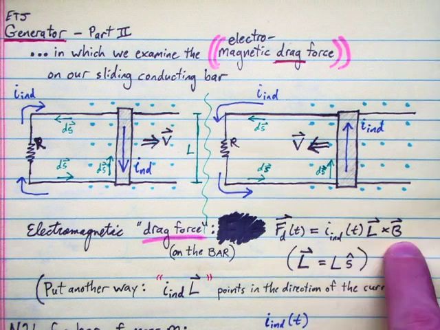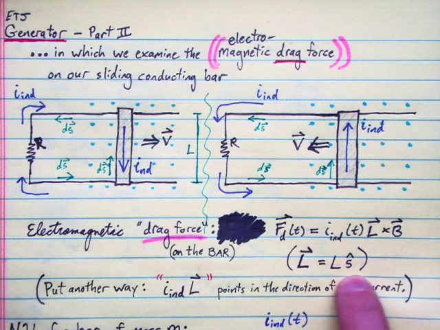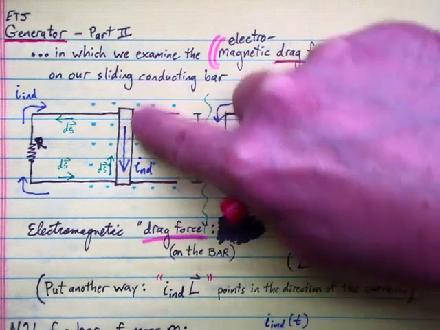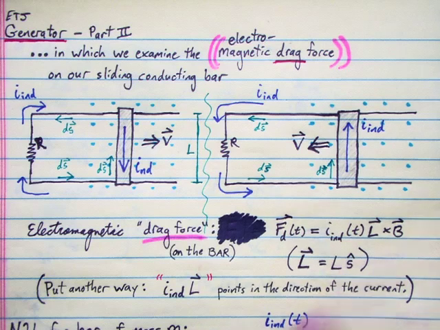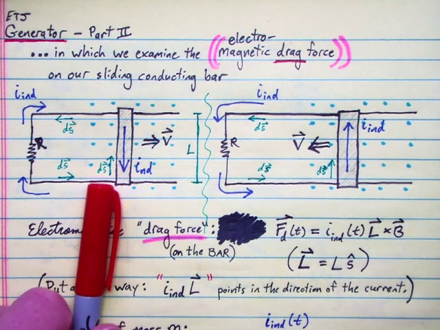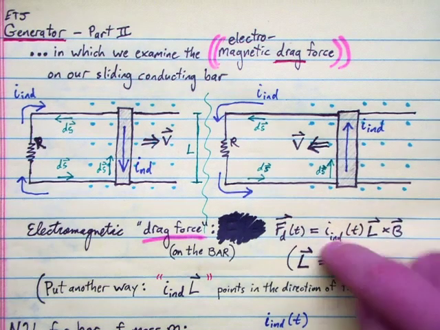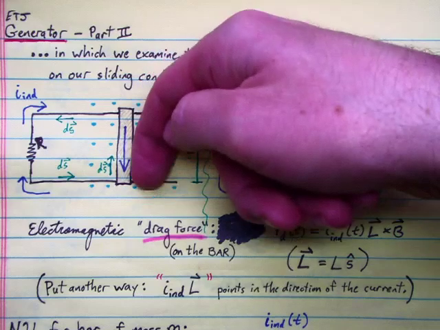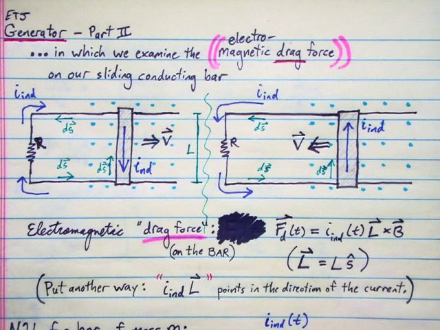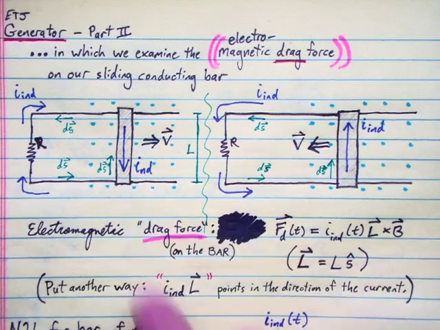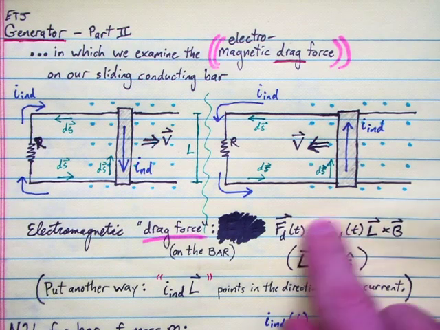So IL cross B, L with a magnitude equal to the length of the bar will point in the s hat direction, the direction of our ds vectors, so L points upwards. In this case, our current points opposite of ds because of Lenz's law. So we see this current would count as a negative current here. So IL cross B, where I is negative.